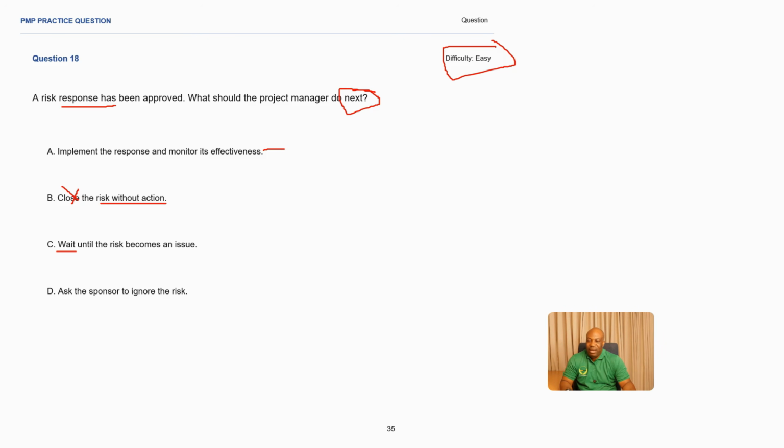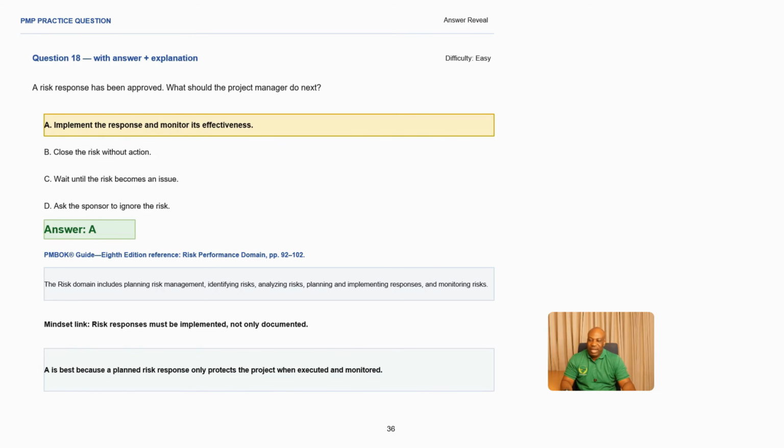So thereby, we have to eliminate this. You cannot wait for the risk to become an issue. You also need to come up with the responses and act on them. Then number 4, which is D, ask the sponsor to ignore the risk. The responsibility of the project manager is to run the project. So you don't ask the sponsor to ignore. So this word ignore makes this answer incorrect, thereby making A the best answer in this scenario.